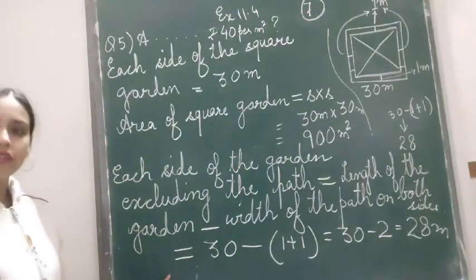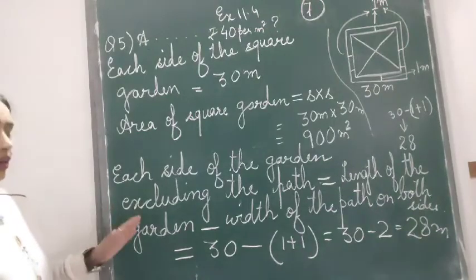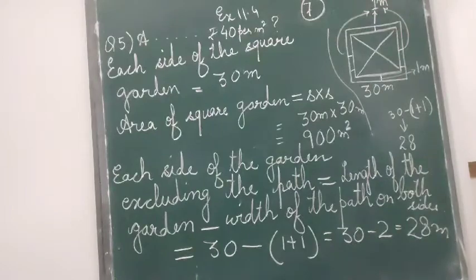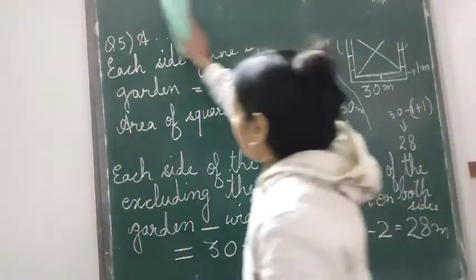Now we will find the area of this. Directly writing area is equal to side into side, because each side is 28 meters, so again it's a square only.